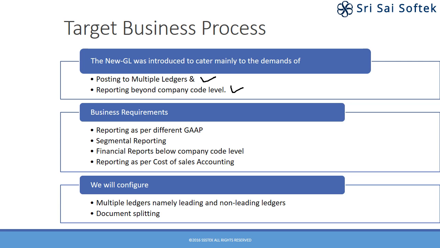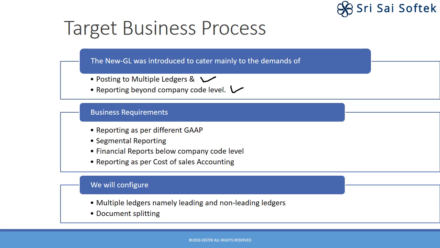By reporting beyond company code level, what we mean is so far you were able to generate the reports only for the company code level because the balance sheet and profit and loss account were posted at company code level. Now let us say you want to take a report for profit center accounting.